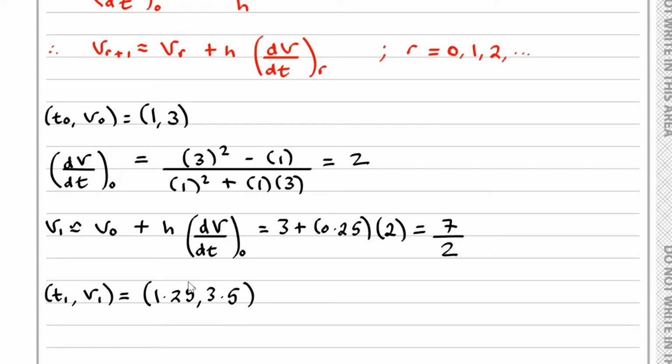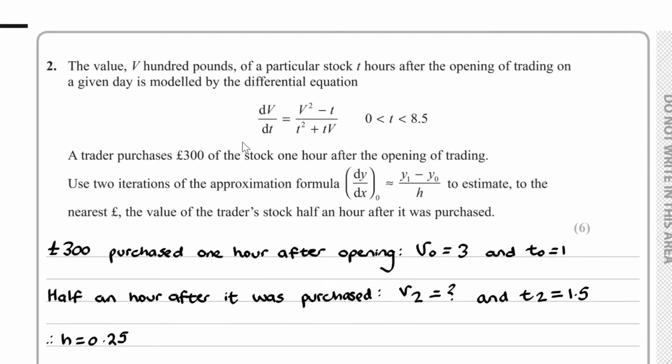Now with this, we can find out what dv over dt1 is, again using this formula.